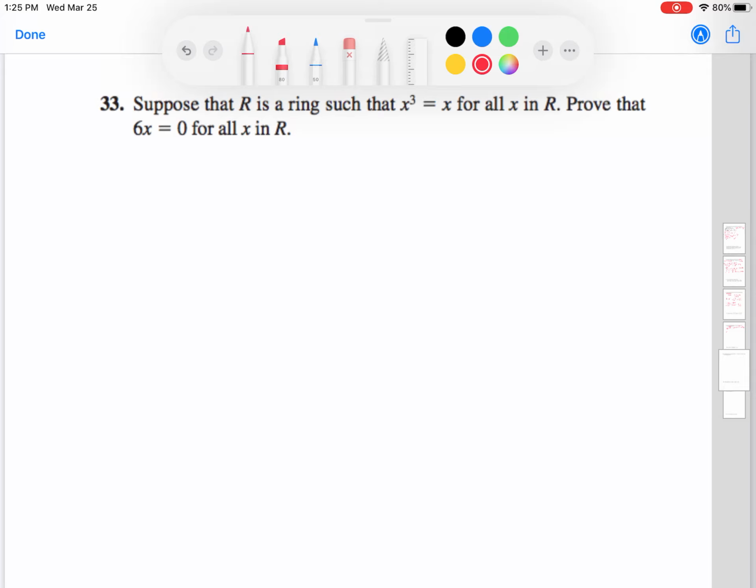Well, what if I looked at, and I'm going to carefully choose my value to sub in for x, instead of x, 2x. 2x would have to equal 2x cubed, right? What is 2x cubed? That would be 2 cubed, 8, times x cubed. Well, x cubed is just x, right? So that's 8x. So now we have 2x equals 8x.